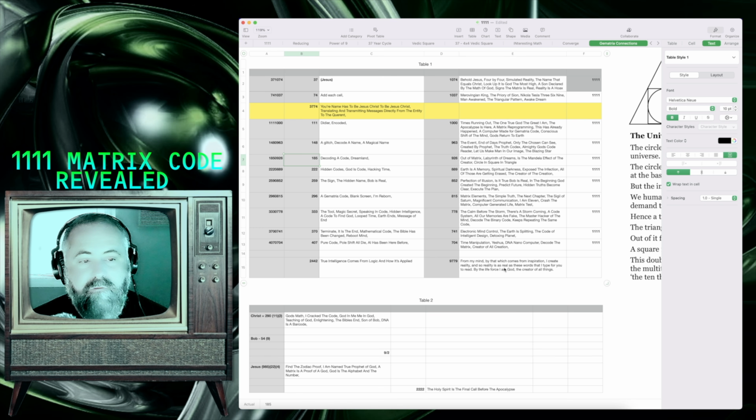And so, reality is as real as these words that I type for you to read. By the life force, I am God, the creator of all things. It's a lot to unpack, folks.